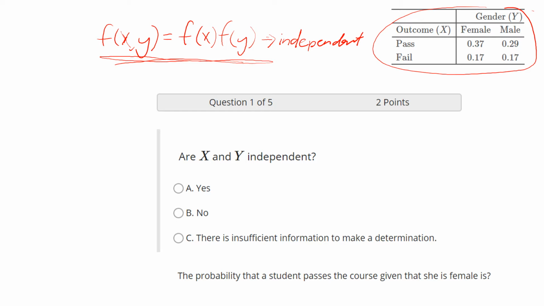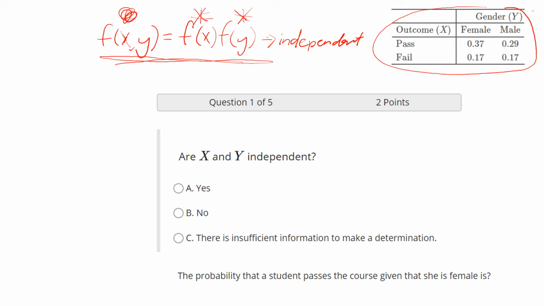So how do we start in approaching this question? First thing we have to do is find these things. The joint is given to us, but the marginal probability distributions are not. So the first order of business is to find these marginal densities. Okay, so let's do that.